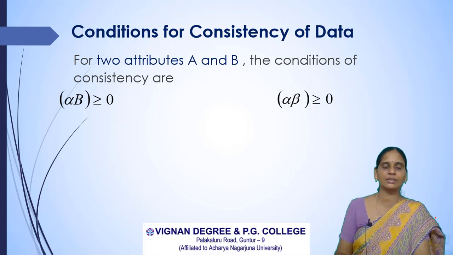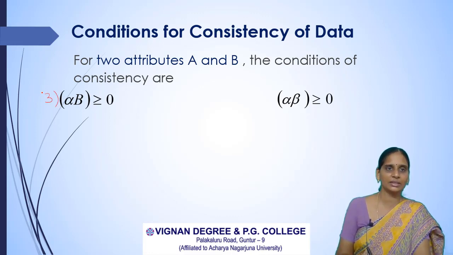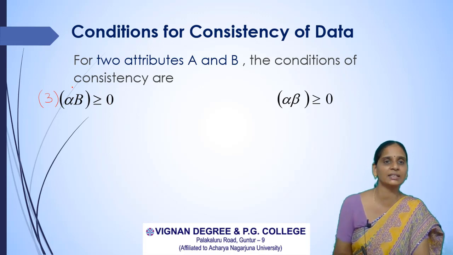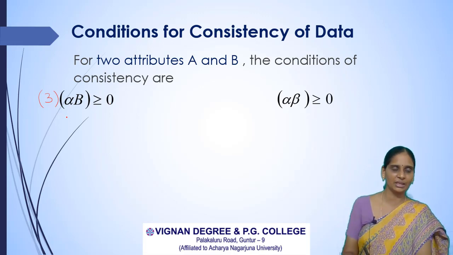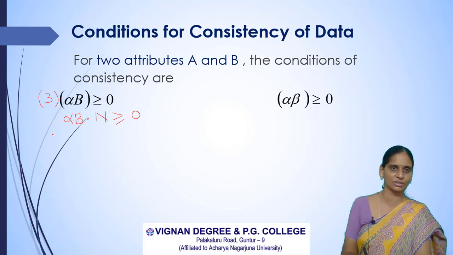In the next slide, we are discussing another two conditions for two attributes. Condition 3 is frequency of alpha b is greater than or equal to 0. Again, frequency of alpha b can be expressed in terms of alpha b into N, which is greater than or equal to 0.